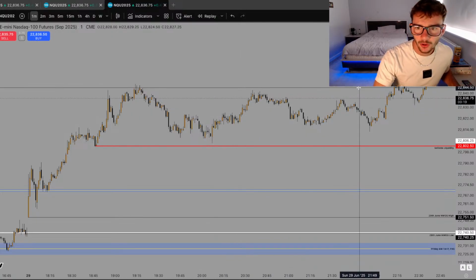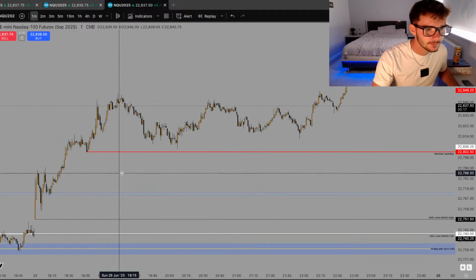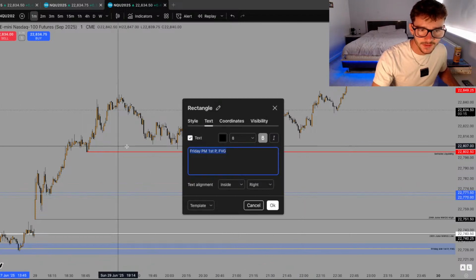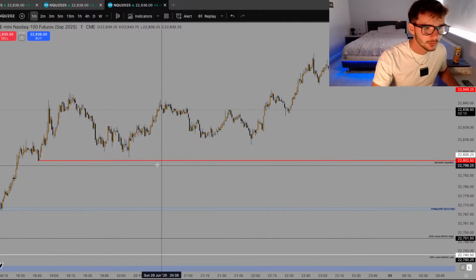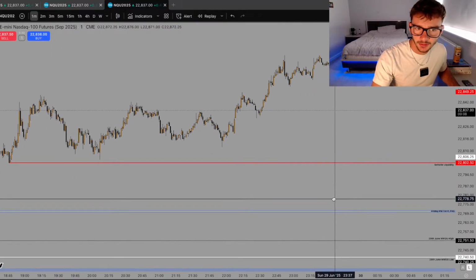This is not labeled. Oh, it is, it's just not zoomed in enough. But yeah, this is looking like a nice target, the Asia low.